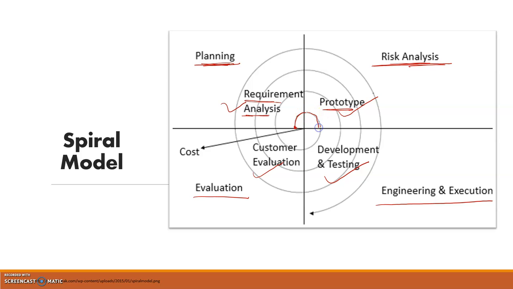After reaching this point, here we are doing the engineering and execution process, in which we are developing that particular part of the software, and we do the testing as well. So we are coming over here. After development and testing, for that small part, we are going for the customer evaluation.